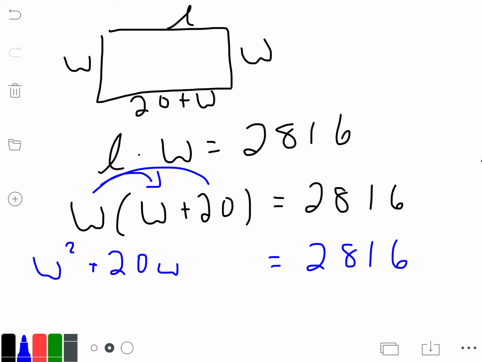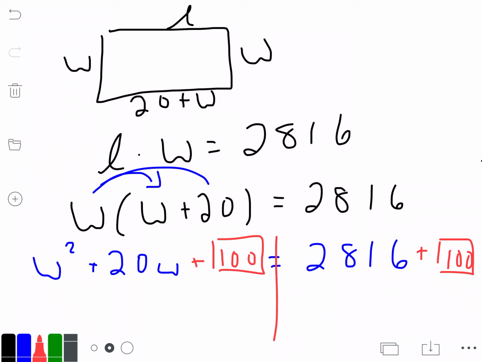Now I intentionally left this blank, this spot right here, because we're going to complete the square. So by completing the square, we're going to do our b divided by 2 squared. So 20 divided by 2 is 10, squared is 100. So we're going to add 100 to both sides.